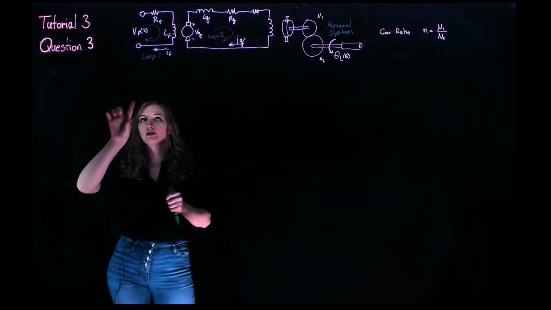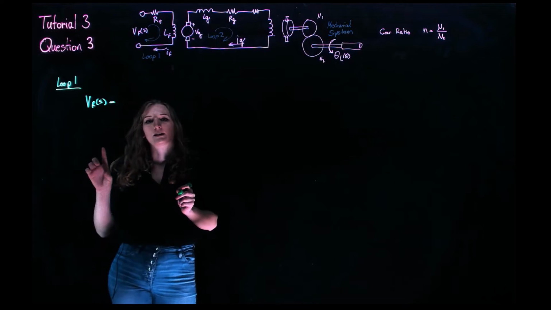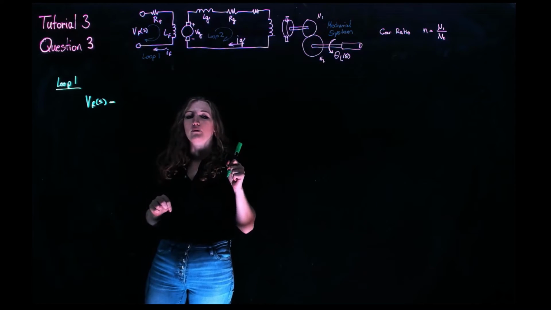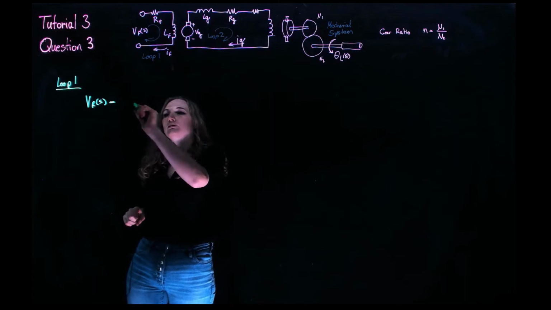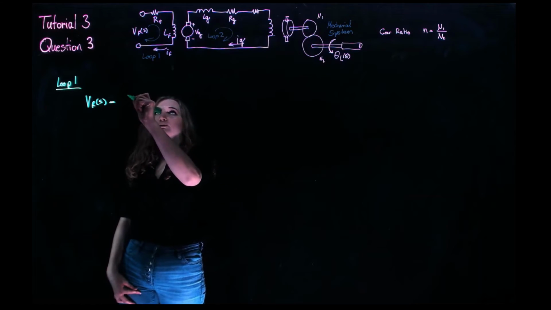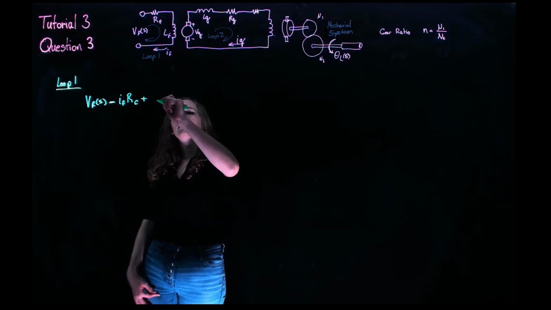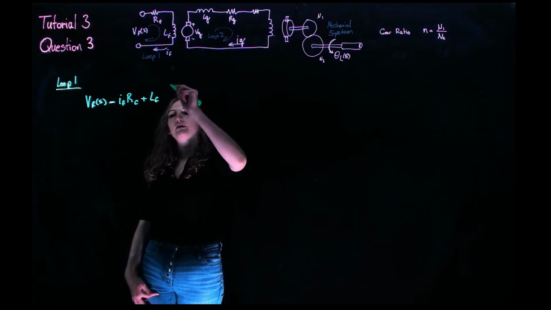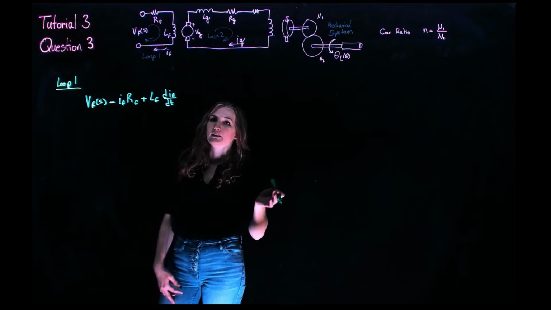So to start with loop 1, V_F of S, and now we just need to remember from our electrical classes, we have a current I_F going through R_F, so this is going to be equal to the drop across our resistor plus across our inductor. So we get I_F R_F plus L_F, and that's the derivative of the current, dI_F over dt, or what we can later describe as I dot.